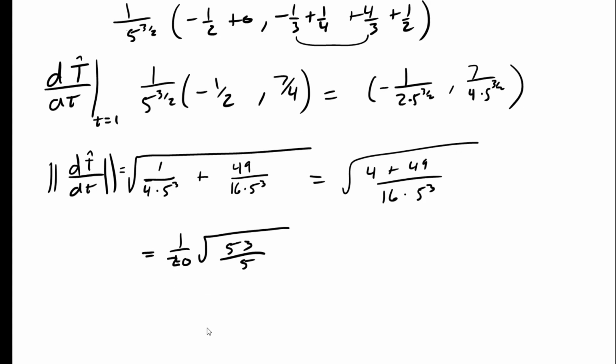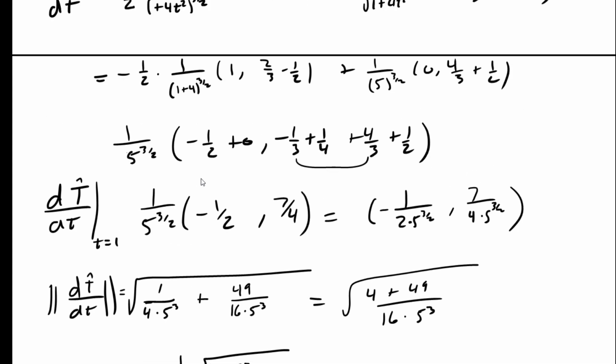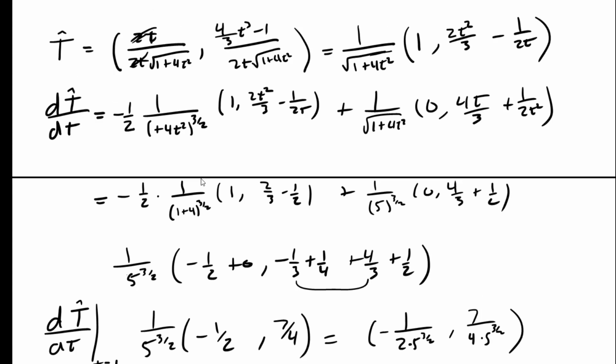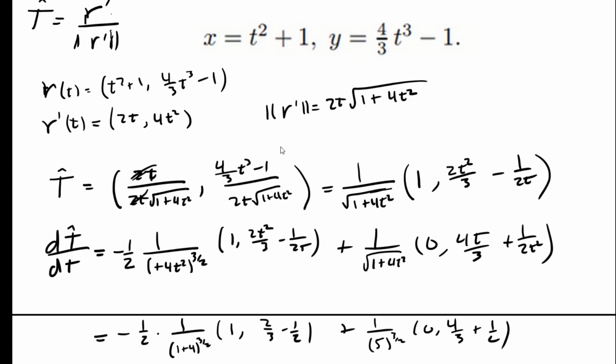Almost done. So that's the norm of the rate of change of my tangent vector with respect to time, or the parameterization t. Then I just need to divide by this, but we also need that at 1, which is 2√5.